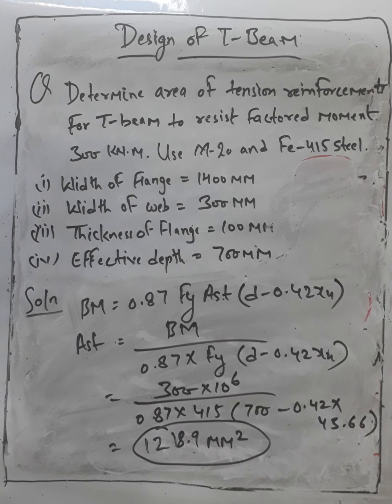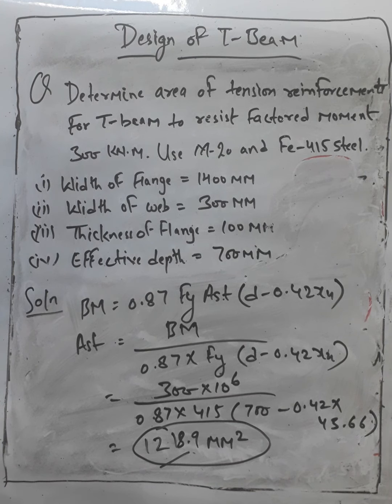This is the value of Ast. So here area of tension reinforcement is 1218.9, and with the help of this area, now you have to find the number of bars, because we provide reinforcement in the form of bars.